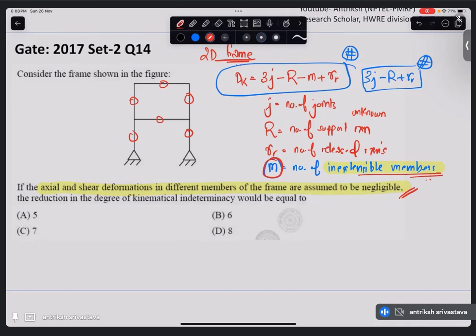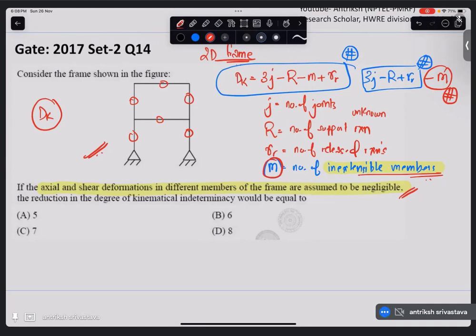What we have been told in this particular example is, what will be the difference in the degree of kinematic indeterminacy if we consider all of the members as inextensible. So simply we have to subtract the number of members from the existing kinematic indeterminacy.